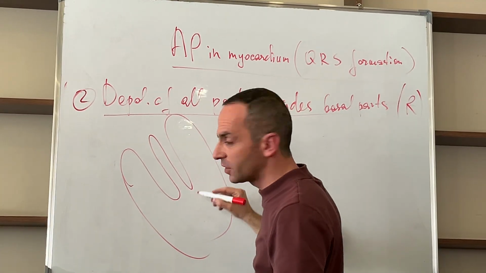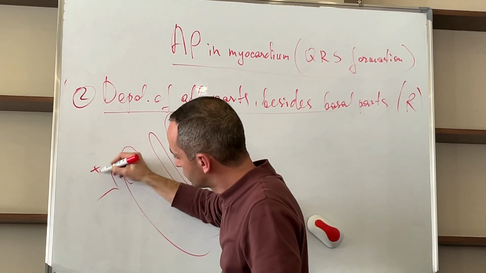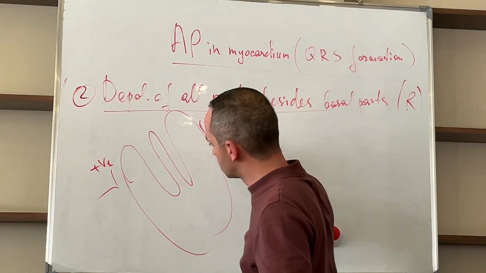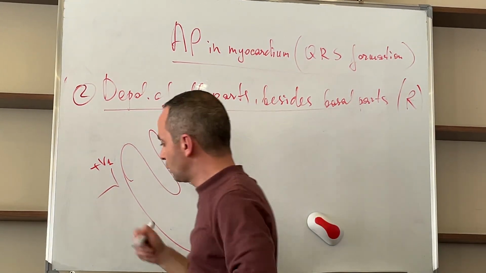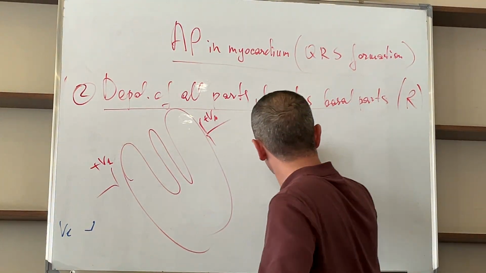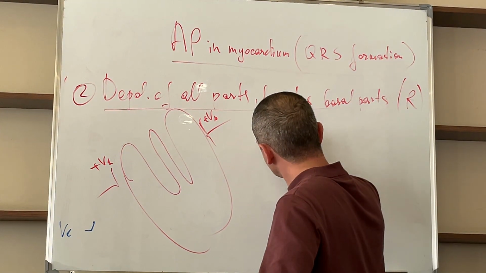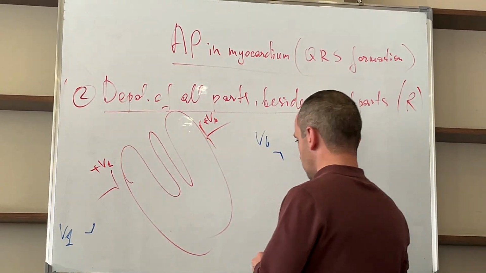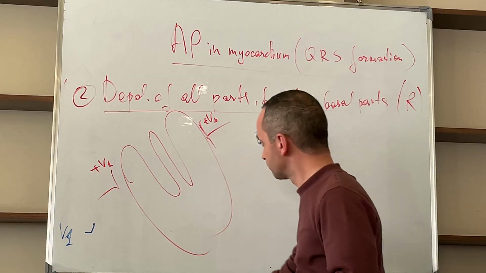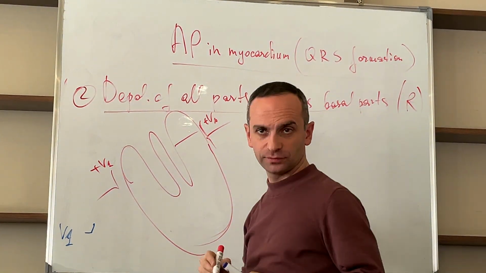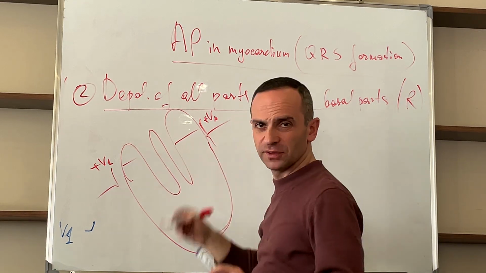The left should be a bit thicker then. Again, the same, plus V1, plus V6. And what we had in V1 before this? Q. Now we have the depolarization of all parts besides these basal parts, mainly the left ventricle.